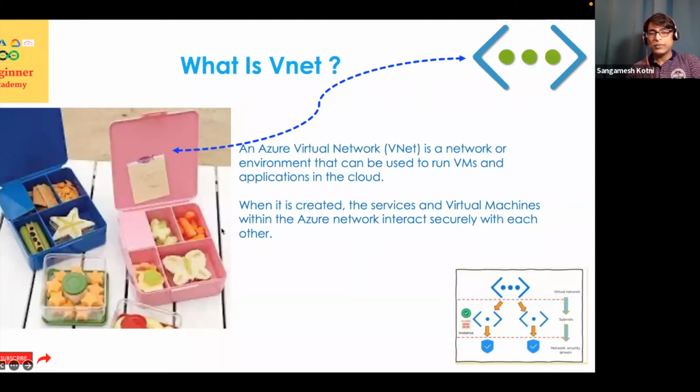You can think of this particular box as a VNet. This top square is a resource group. Under one resource group, you can have multiple VNets, or you can have multiple resources as well. So for this particular example, this particular box is a VNet. You can think of it in that direction.